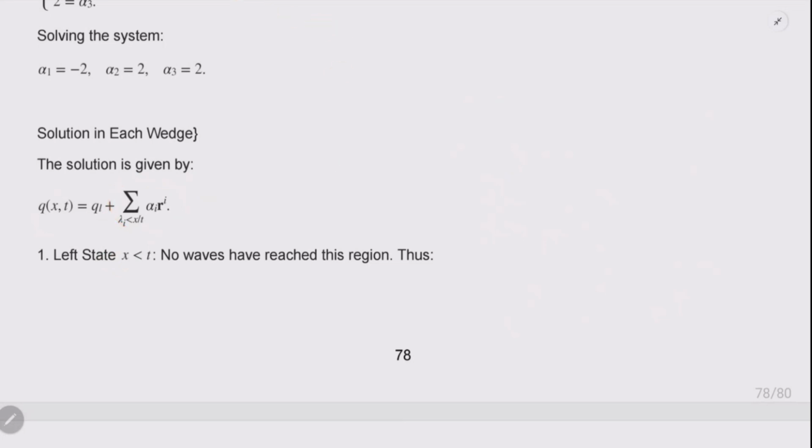So this becomes q(x,t) equal to q left plus, when x is greater than lambda 1 t, a contribution coming from the region.